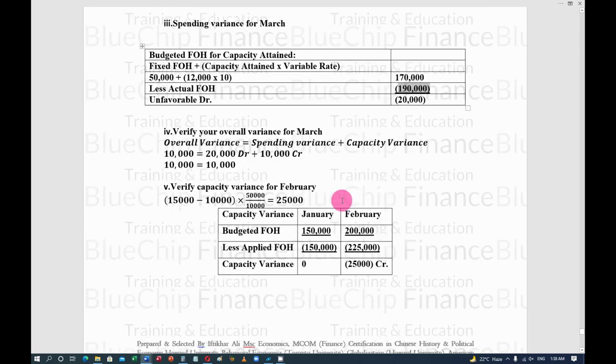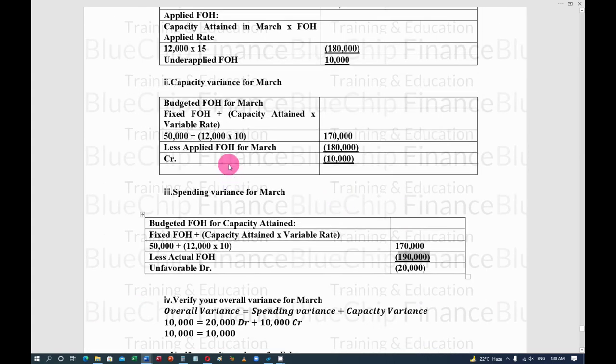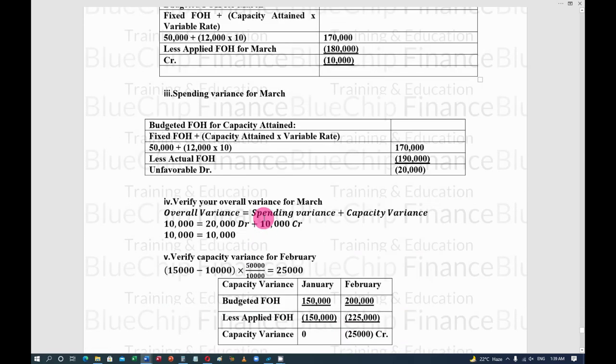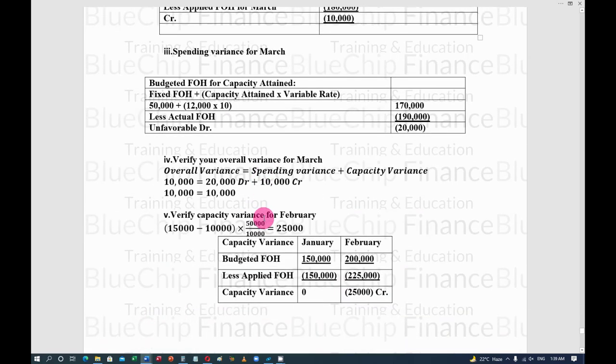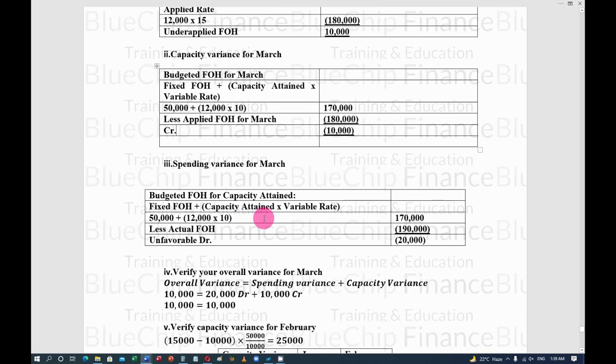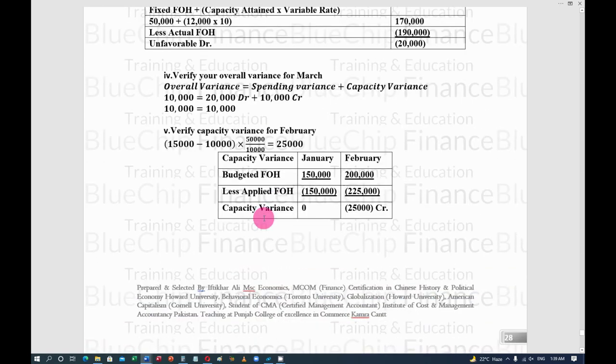The fourth requirement is to verify your overall variance for March.